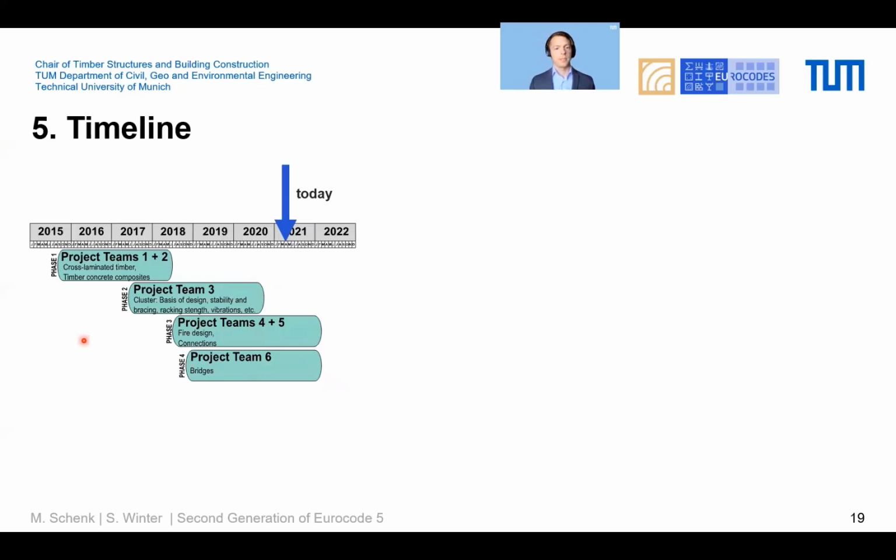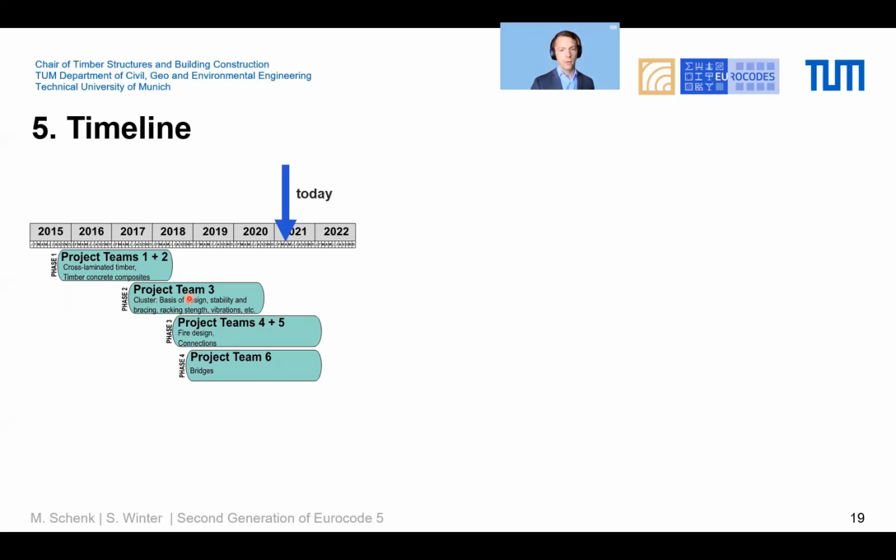With a response to the specific mandate in 2013, TC 250 prepared a comprehensive work program that was divided into 4 work phases related to the main topics identified during the systematic revision of the current generation. 6 project teams were established to prepare the second generation of Eurocode 5. As you can see on screen now, phase 1 on cross-laminated timber and timber composites, as well as phase 2, have finished now.